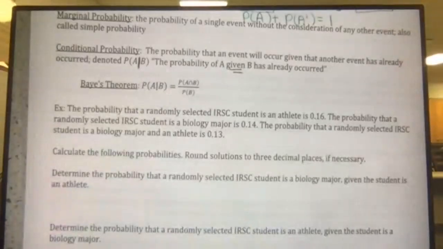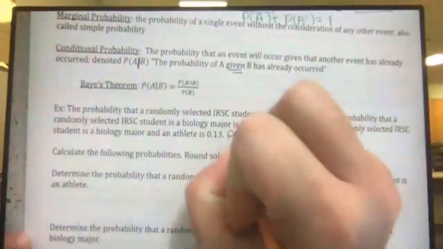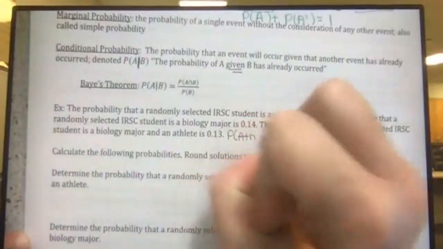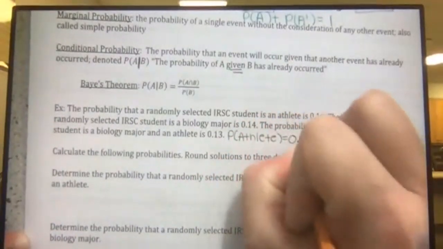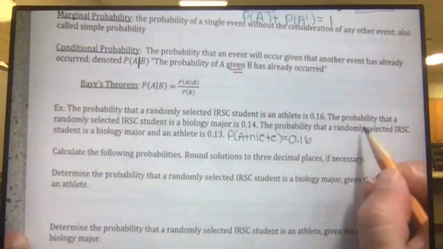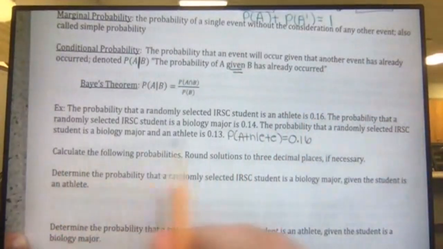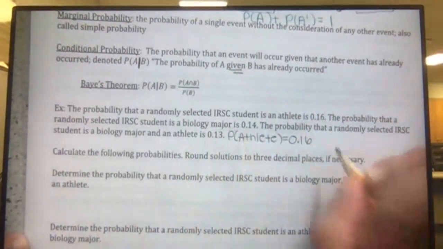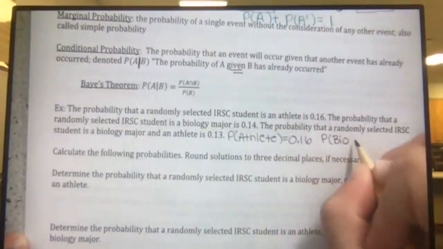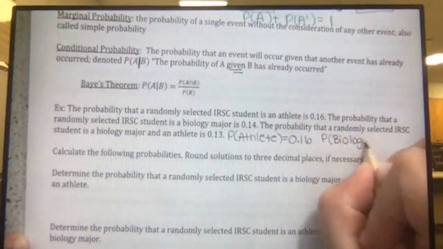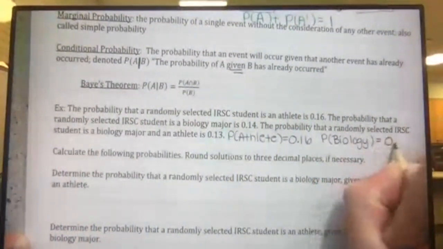So the probability that a randomly selected IRSC student is an athlete is 0.16. I'm going to go ahead and write that out. So probability that the student is an athlete is 0.16. The probability that a randomly selected IRSC student is a biology major is 0.14. So probability that they are a biology major is 0.14.